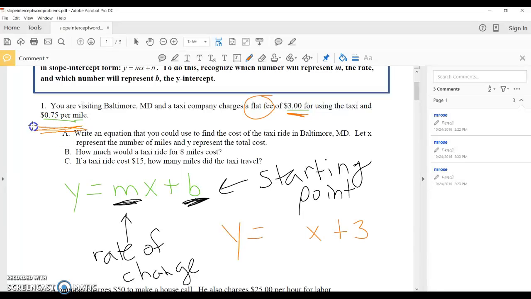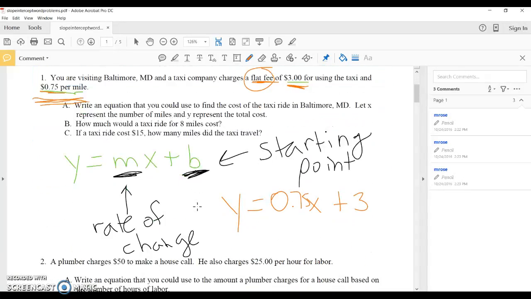And when I look at this 0.75 per mile, that's really my rate of change, or how much things are changing. So this is the starting value, and this is how much things are changing.